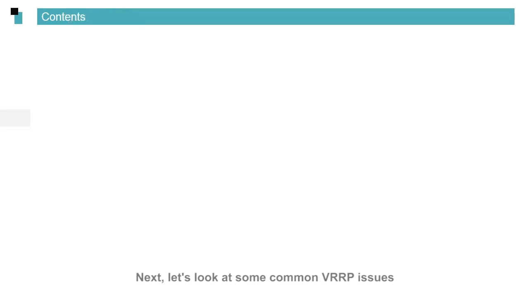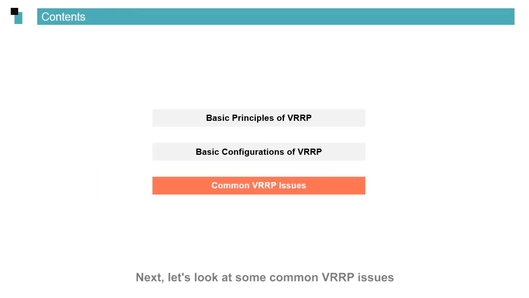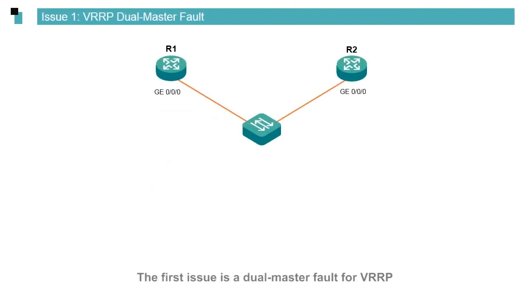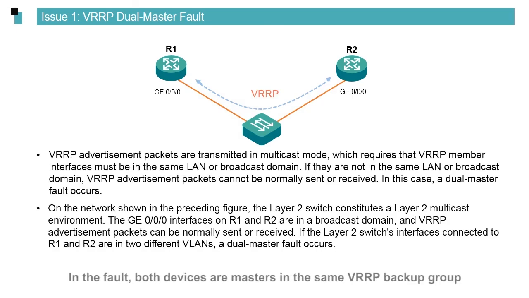Next, let's look at some common VRRP issues. The first issue is a dual master fault for VRRP. In the fault, both devices are masters in the same VRRP backup group. The most common cause of this fault is that both devices are not in the same broadcast domain, so they cannot receive VRRP advertisement packets sent by the other.